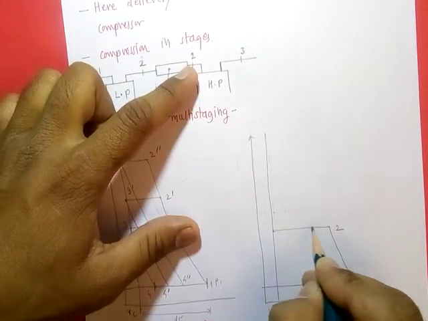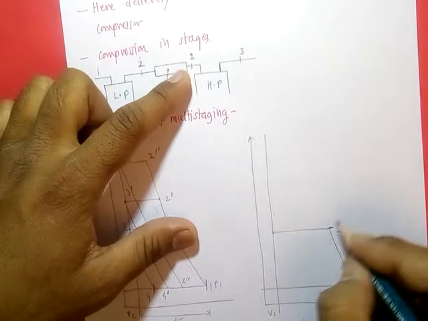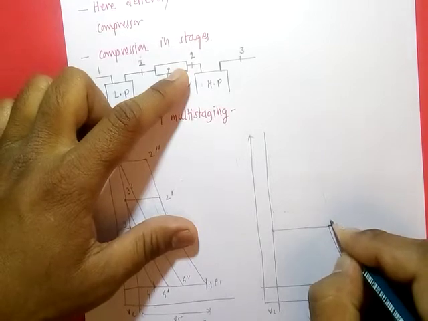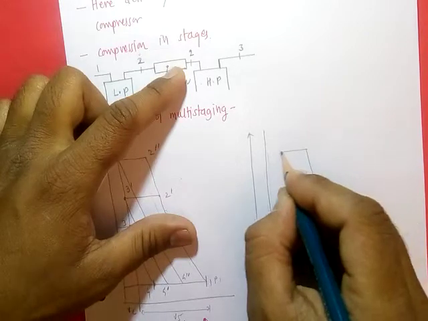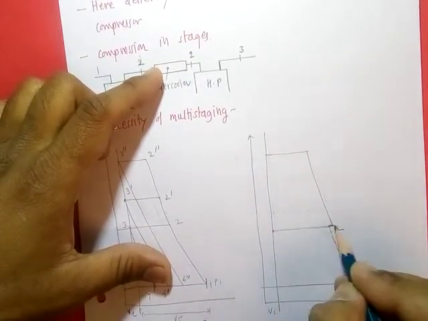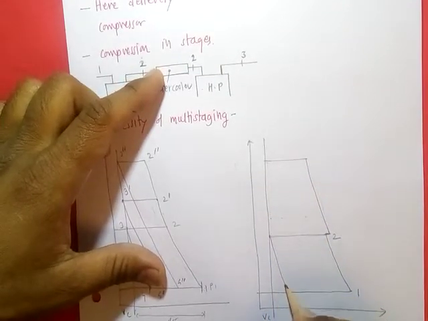So here we deliver to this compressor, then again it is compressed in the second stage and delivered. Now when it is delivered, after delivering to the second stage, it will expand on its own.